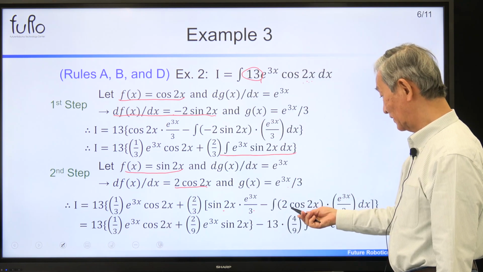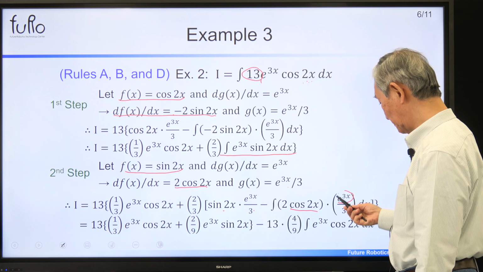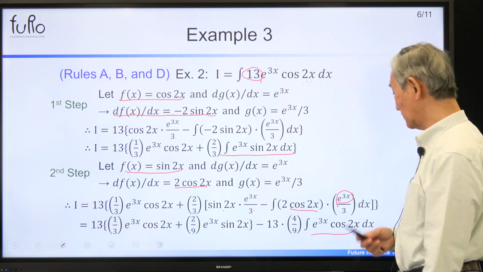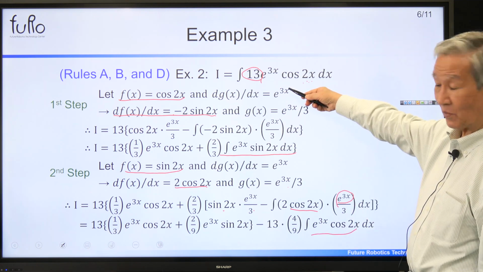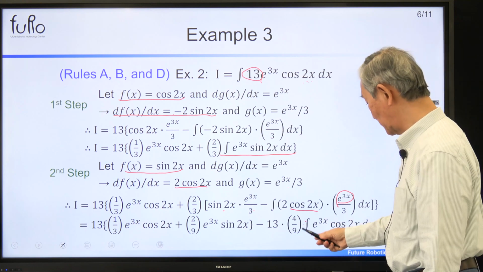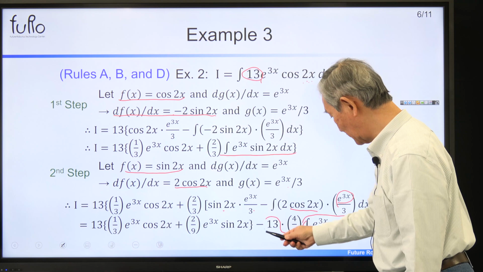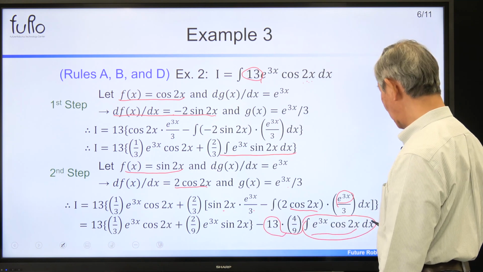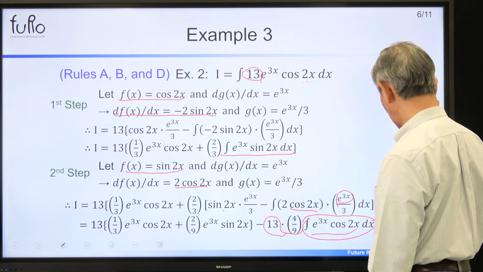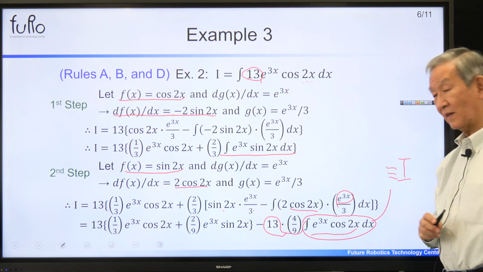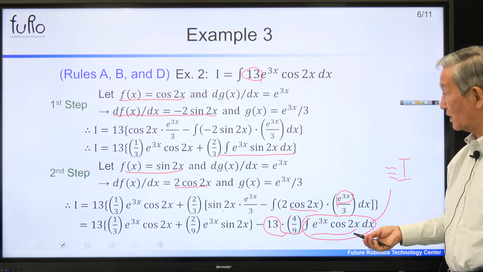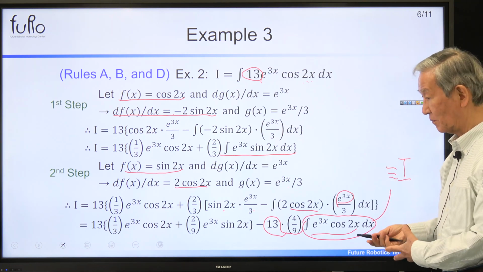And then inside cosine and exponential. So that's this. We have seen this somewhere here. So this portion here, and of course 13 is altogether. That's I. So original integral comes back again.